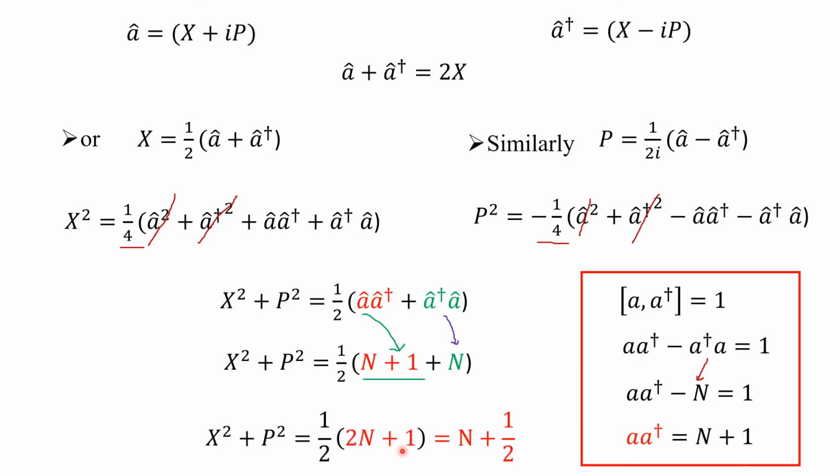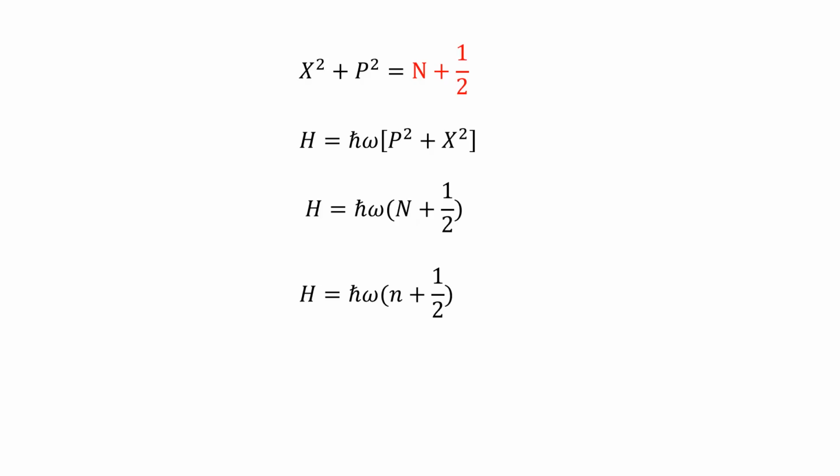If you bring it inside the bracket, the 2 will get cancelled. This will become n plus 1 over 2. So if you add capital X squared plus capital P squared, you will get n plus 1 over 2. We have seen that capital X squared plus capital P squared is equal to n plus 1 over 2.